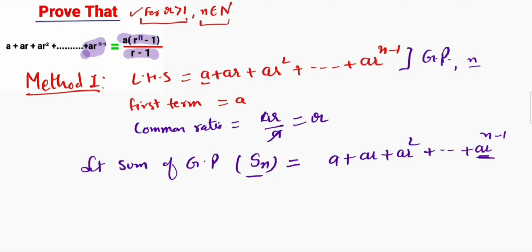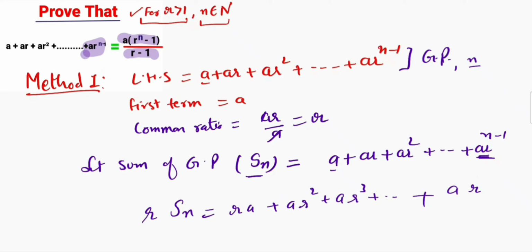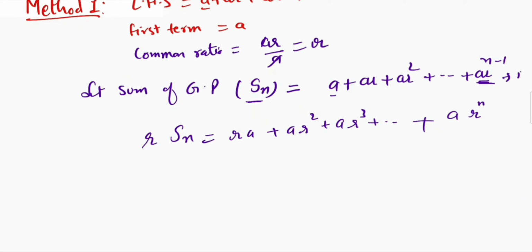Now let's multiply both sides by r. So we get r into Sn is equal to ra + ar² + ar³ and so on plus ar^n. Let me take the first as equation 1 and this as my second equation.